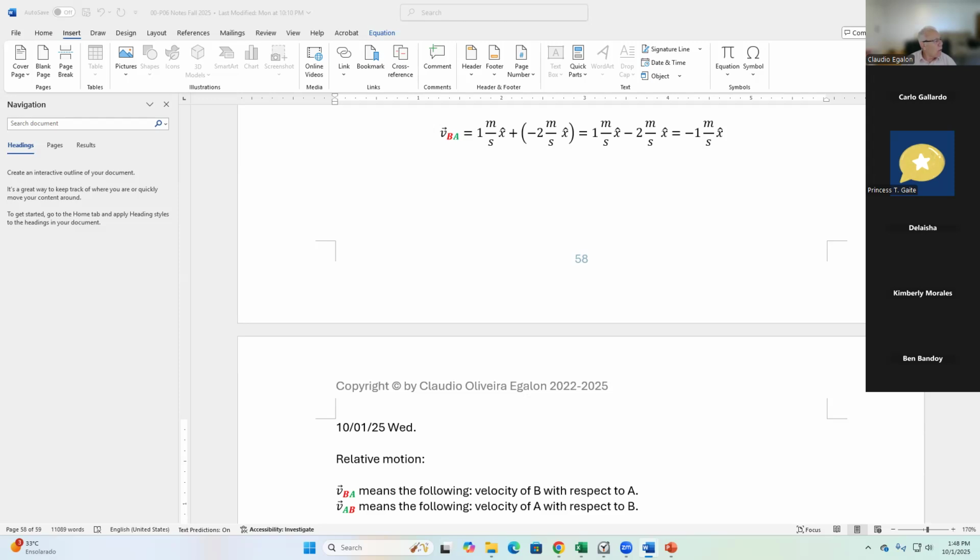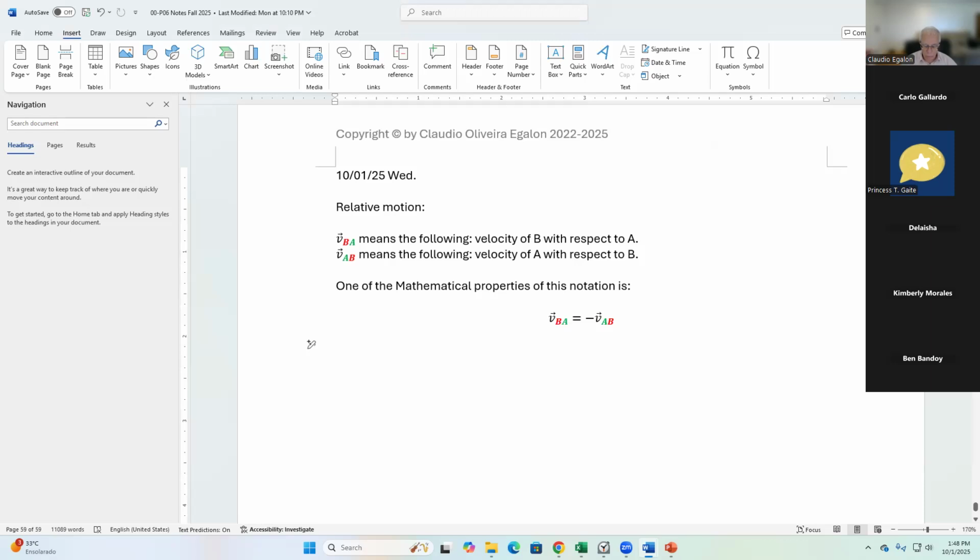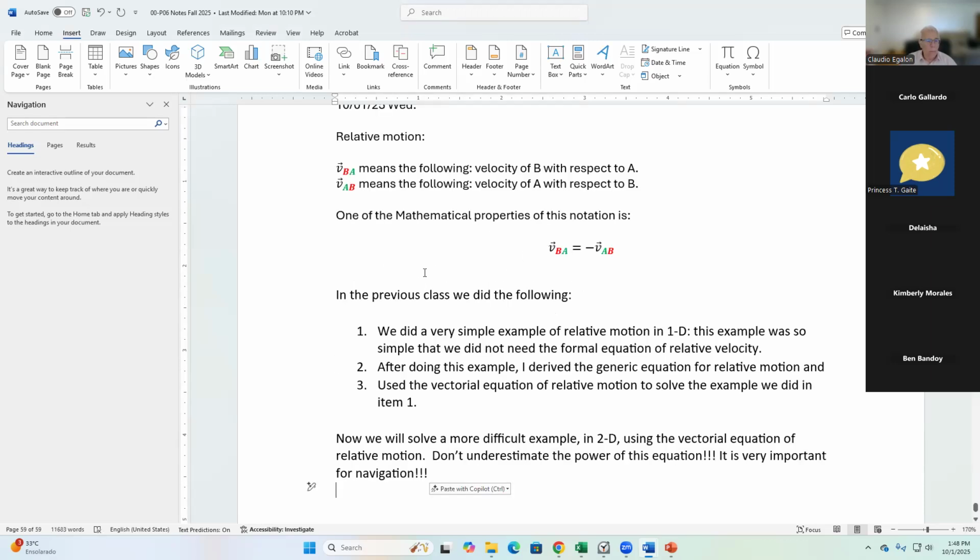And now we are going to do an example of relative motion in the two-dimensional space. Okay, here you go. Let me put another formula here, right? So it can be complete.